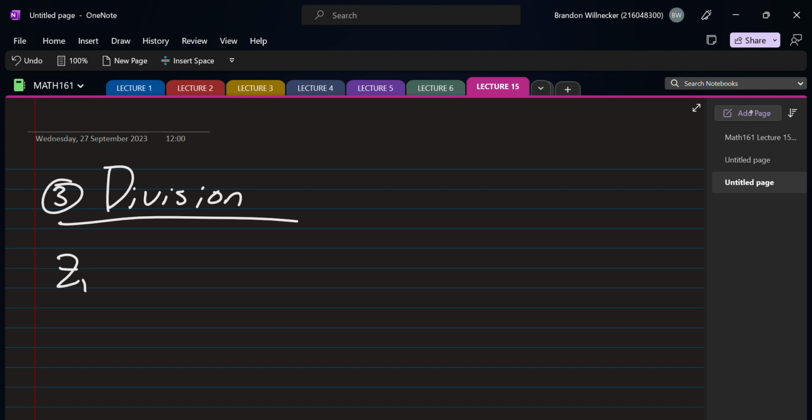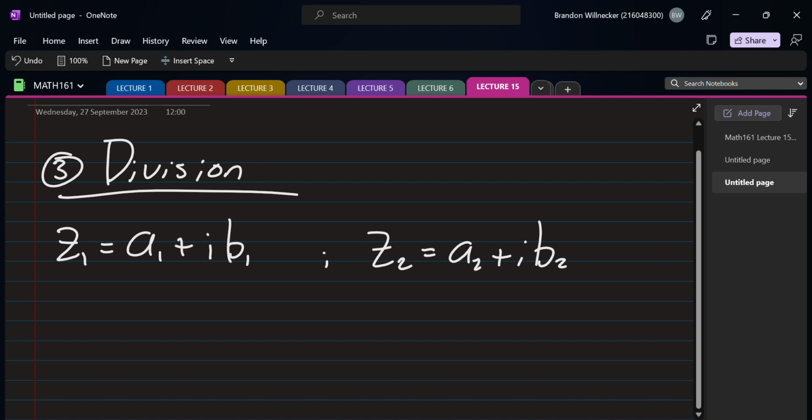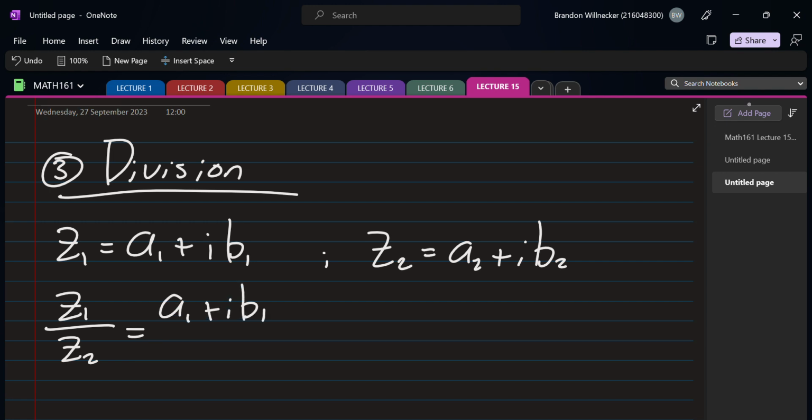So here, what we want is, given z1 is a1 plus i b1, and z2, which is a2 plus i b2, how do we calculate z1 divided by z2? In other words, a1 plus i b1 divided by a2 plus i b2.